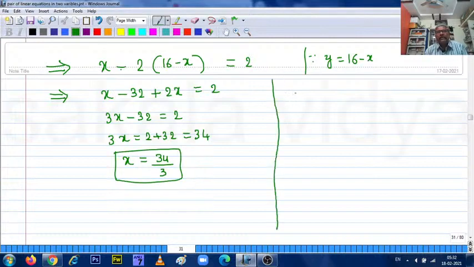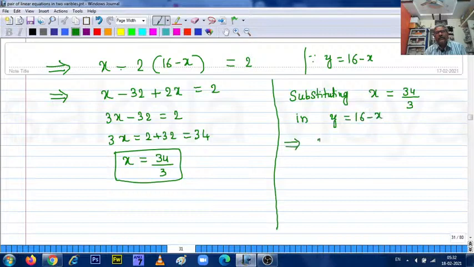Now substituting x equals 34 by 3 in y equals 16 minus x, that implies y equals 16 minus 34 by 3. Understood now?